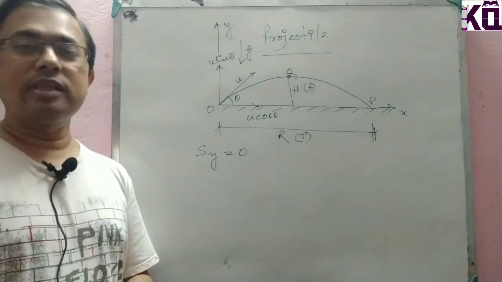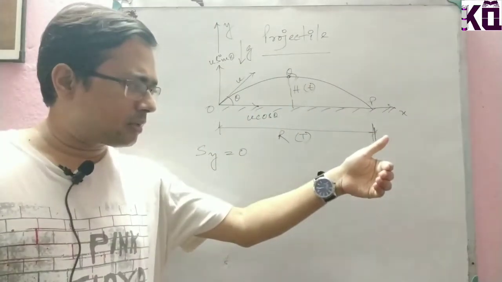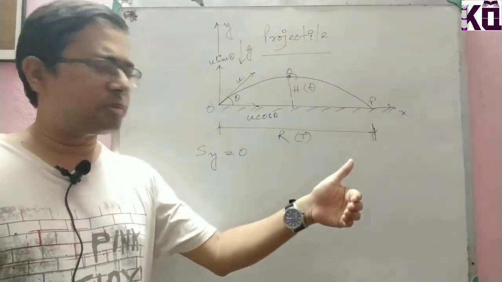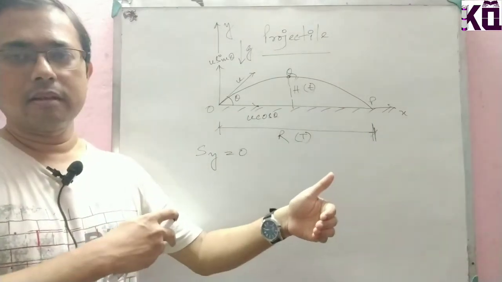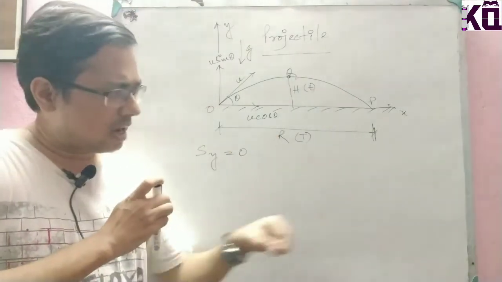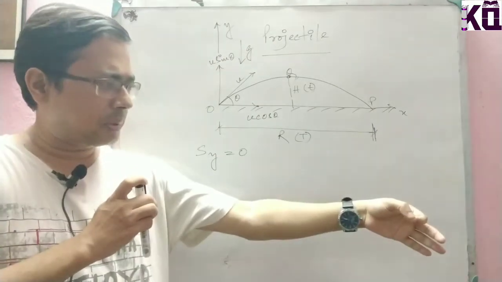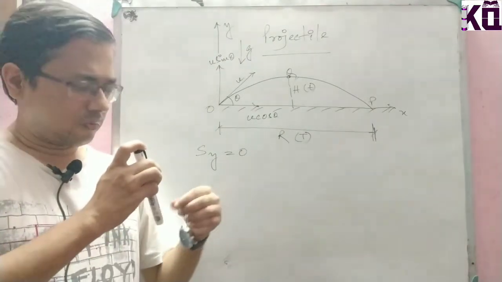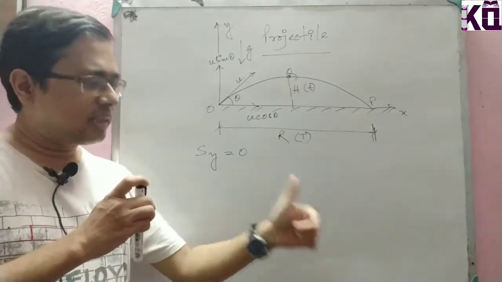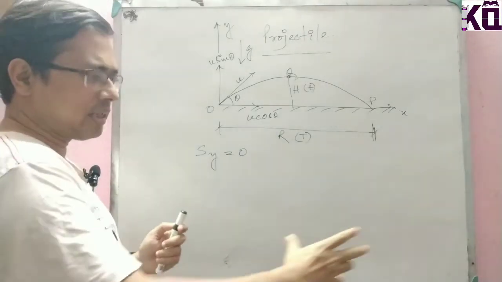Why? Because displacement in a particular direction means the final position from the origin minus the initial position from the same origin. If you subtract those two, you get the actual displacement.